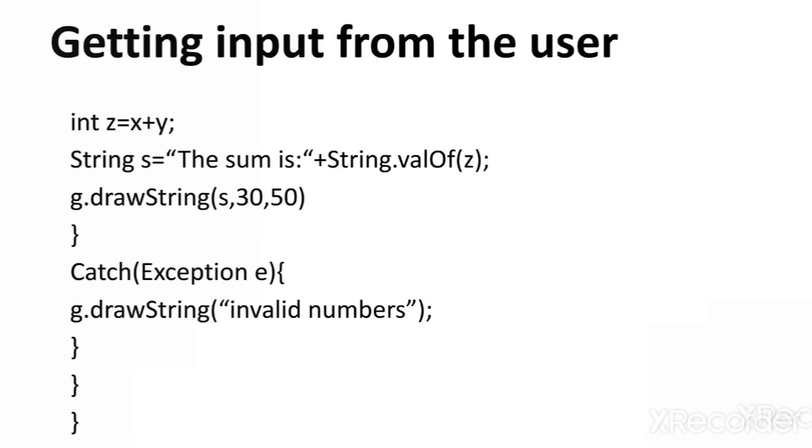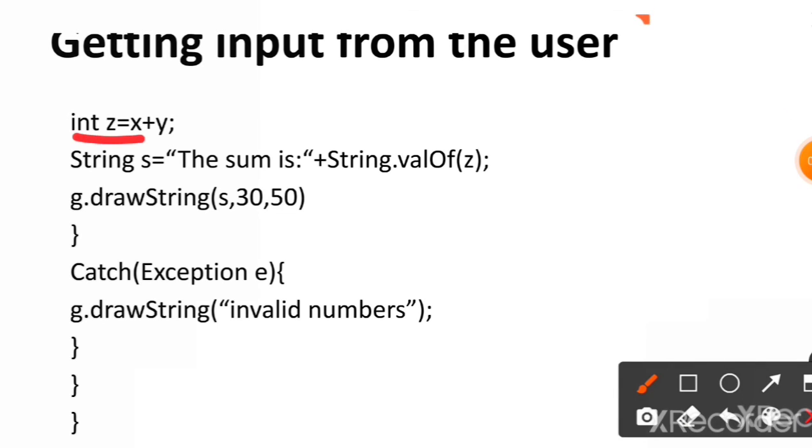Next, after reading the input from the user, you are going to find the sum of those two numbers and store it in variable z. And now you have to convert that integer value to a string to display it on the output window. Hence we are writing String s equals String.valueOf(z).